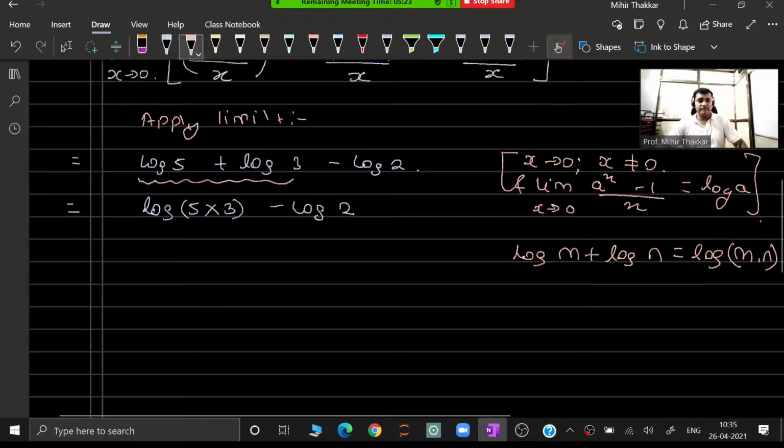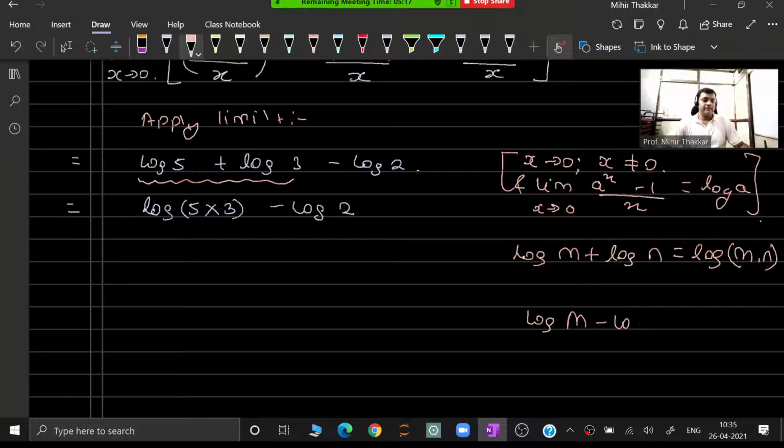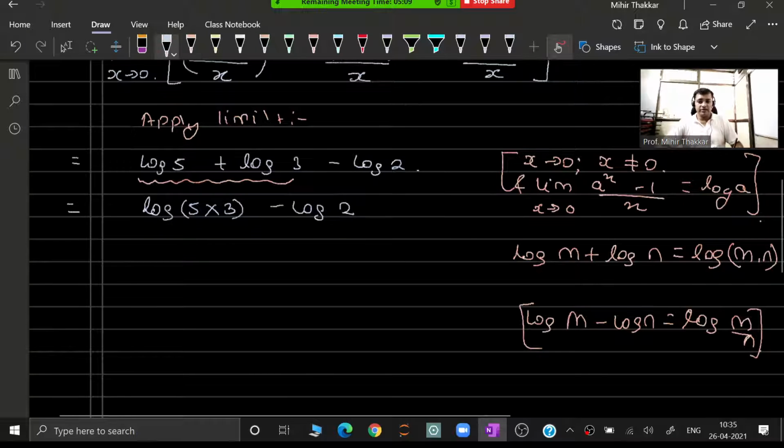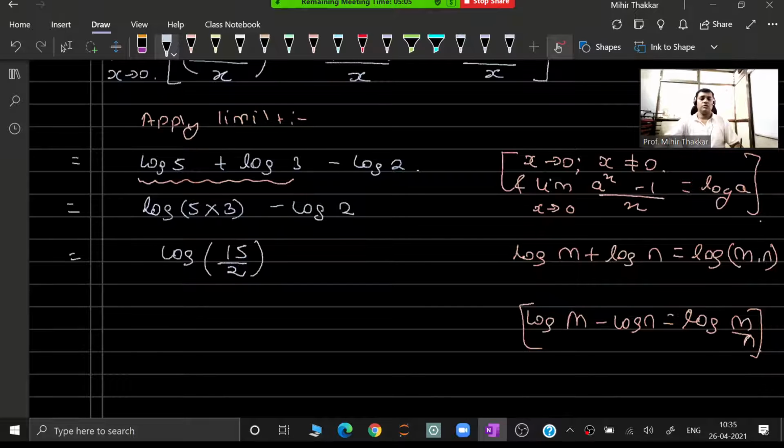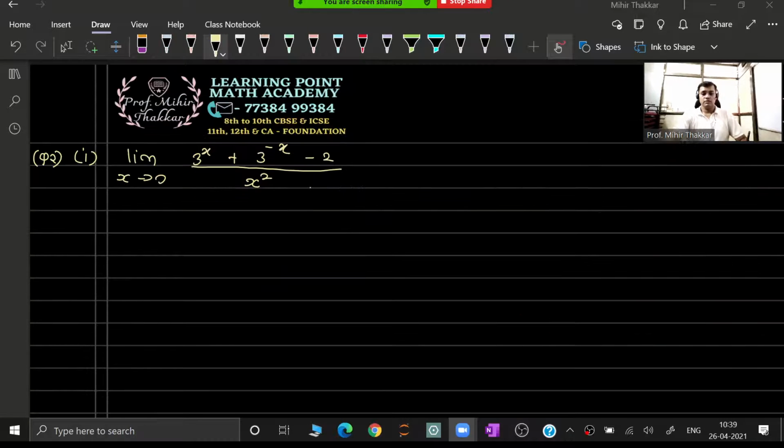So like I did in the previous case, I will be dividing by the second number, which is 2 over here. So log m minus log n is nothing but log of m upon n. So here it becomes log of 15 upon 2.